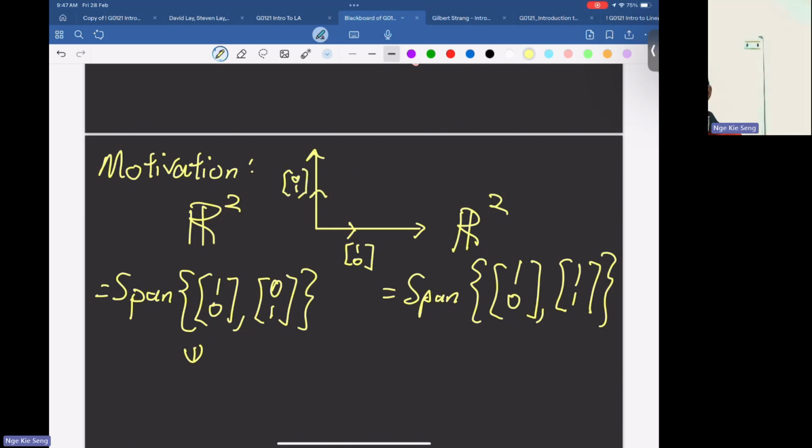And then if I change basis, I kind of tilted the y-axis to (1,1). So let's pick some non-trivial vector here. How about we pick (2,1)? Okay, so where is (2,1)? I think (2,1) is supposed to be here.